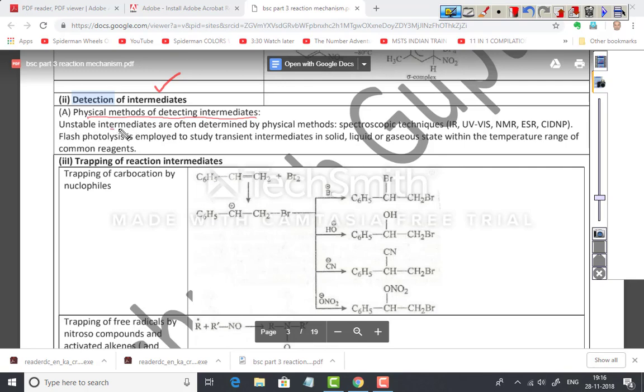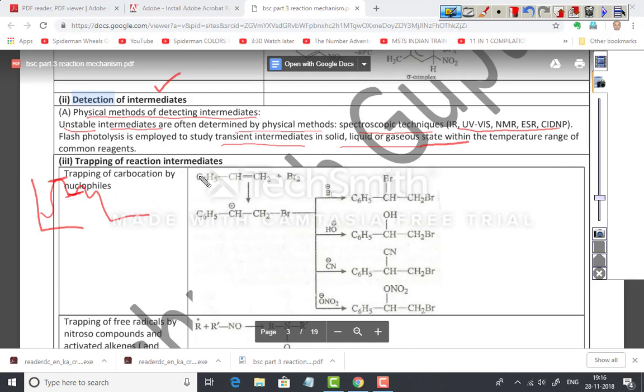Intermediates are unstable, because we all know that we have reactants, intermediates and products. The transition state is very unstable, but intermediates, as we talked about just now, we can isolate if possible, otherwise they are unstable. So they are often determined by physical methods. We employ a lot of spectroscopic techniques: IR, UV-visible, NMR and CIDNP, and then flash photolysis is employed to study transient intermediates in solid, liquid and gaseous states.